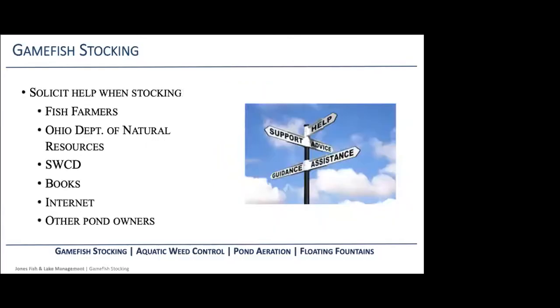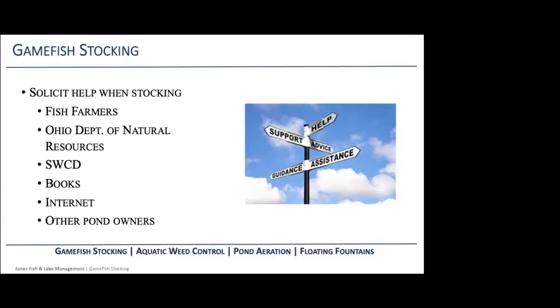When coming up with a stocking plan, I encourage people to look at multiple different sources of information. Talk with fish farmers like us, the DNR, Soil and Water, who are putting on great events like this to get information out to people, books, the internet, and neighbors who have ponds and may have experience that you might not have. The one you want to be careful with is obviously internet research.